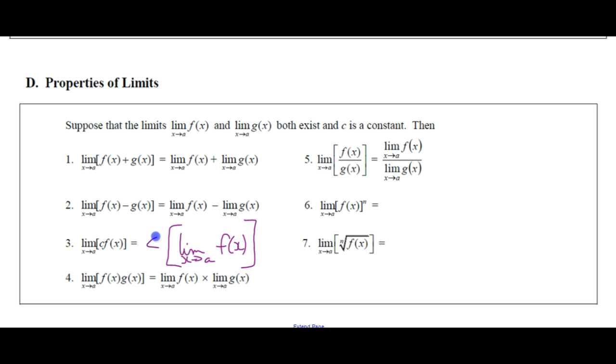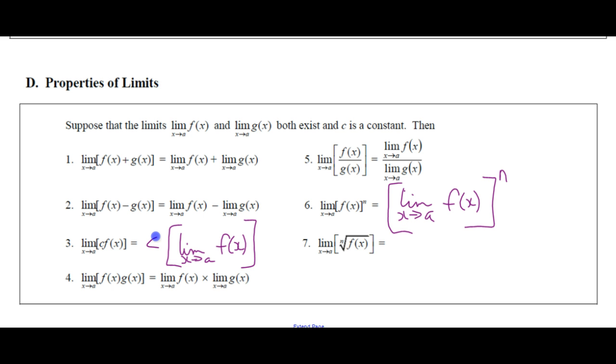The limit of a function raised to a power would be the same as the limit as x approaches a of the function, raised to the power. So you can raise the function to the power and do the limit, but it's a lot easier to do the limit of the function and then raise it to the power.